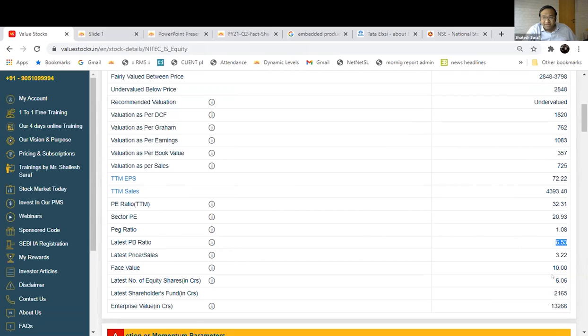If you even see the PEG, the company is growing, there is tremendous growth. So when that growth is also calculated, it's a full combination of how to calculate valuation. Valuation is not from the price. Valuation is a mathematical understanding of the company, which comes from the balance sheet, cash flow, and the P&L statement.